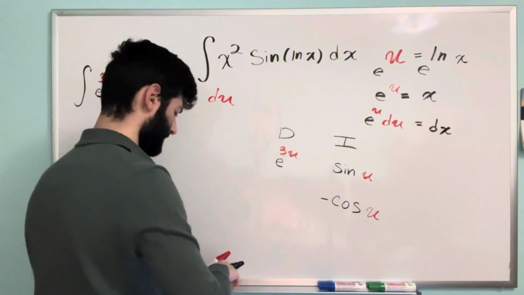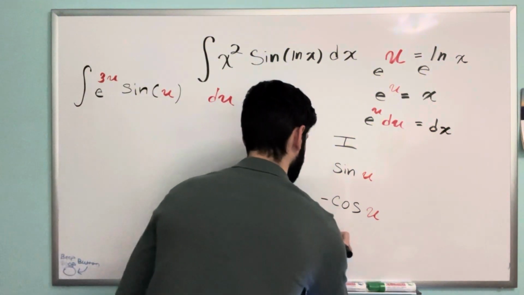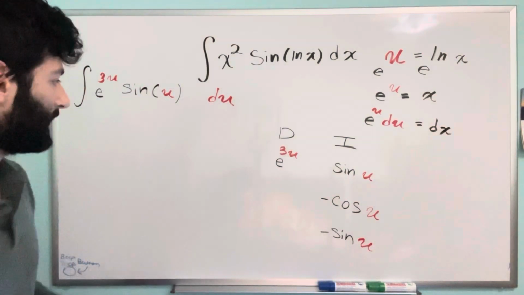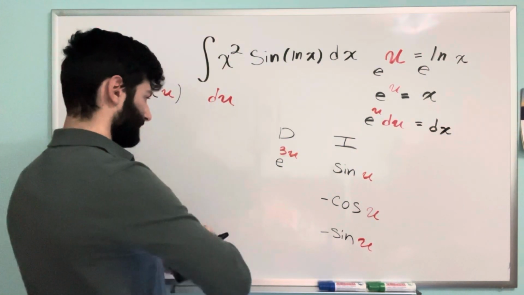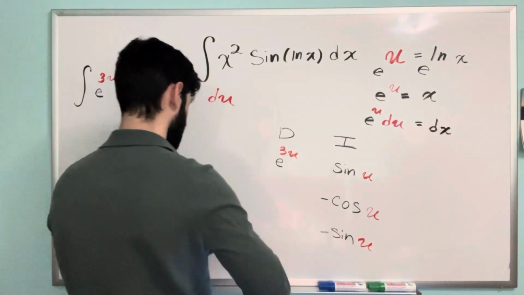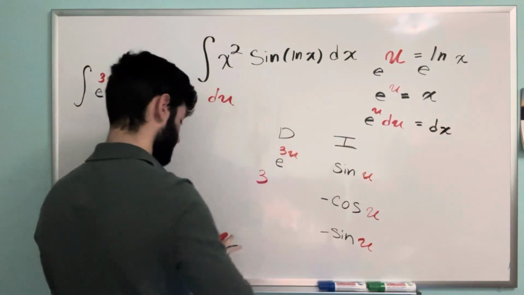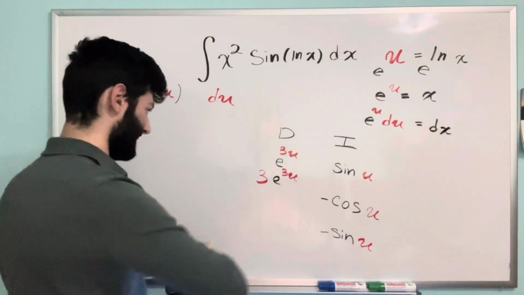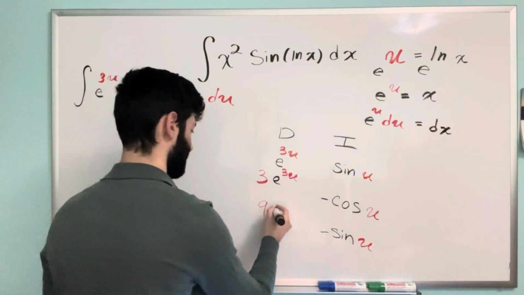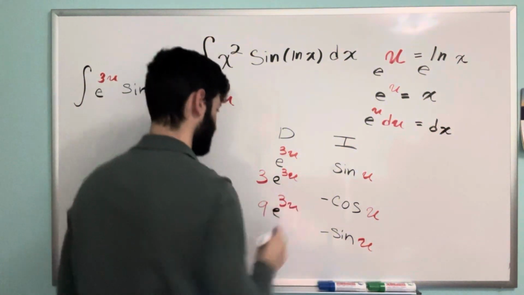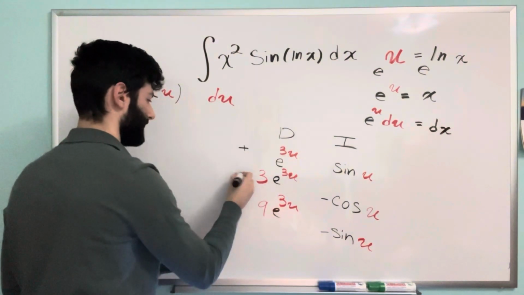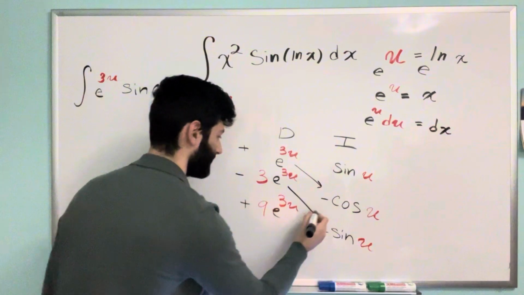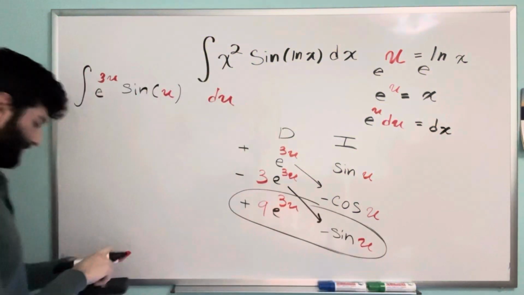And then the integral of negative cosine of u is negative sine of u. Here, differentiating, we get a 3 e to the 3u, and then we get a 9 e to the 3u. Don't forget our plus, minus, plus. We multiply these two, and then multiply the integral of these two. And we end up getting the solution.